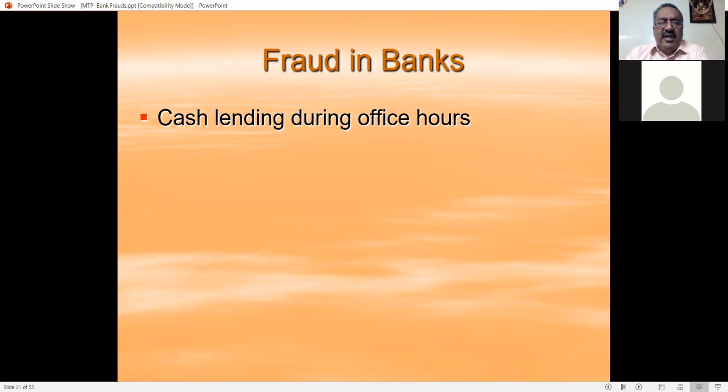The officer, based on the shadow balance, without making a debit, passes the cheque saying pay cash, and hands over the cheque to the cashier.